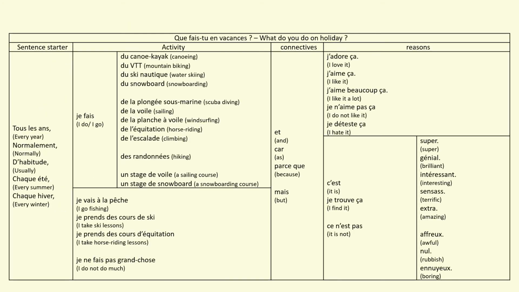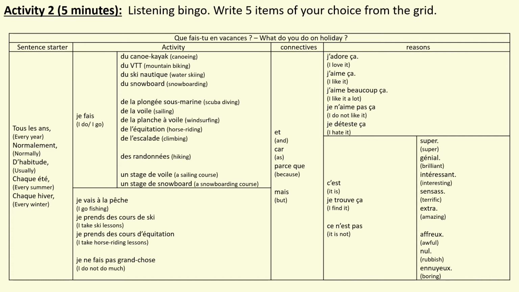So what I want you to do now, we're going to do a listening bingo. So I want you to write 5 items of your choice from the grid. So for example, if you take the first box, you could write "tous les ans" or "chaque hiver". Second box, you can decide to write "je ne fais pas grand-chose" or "je fais des randonnées".